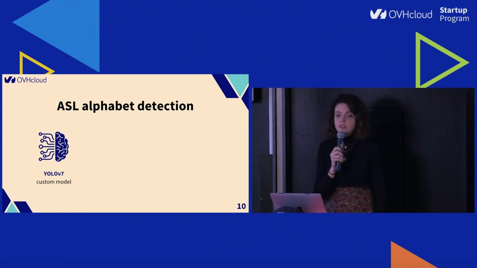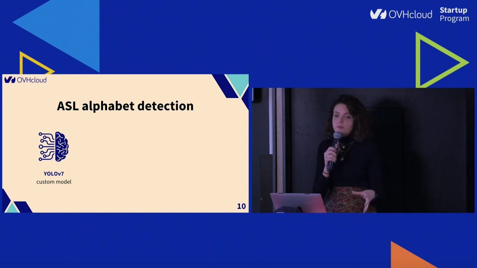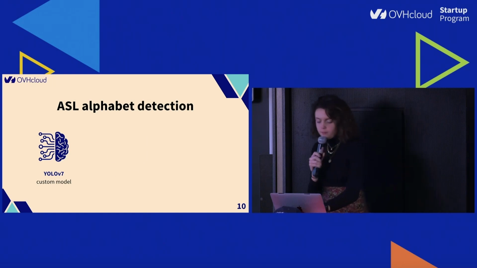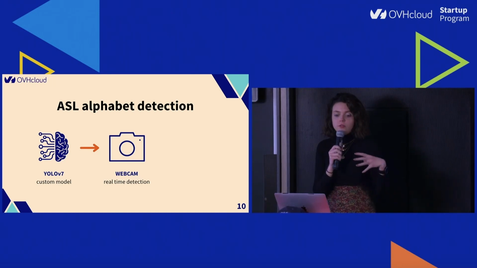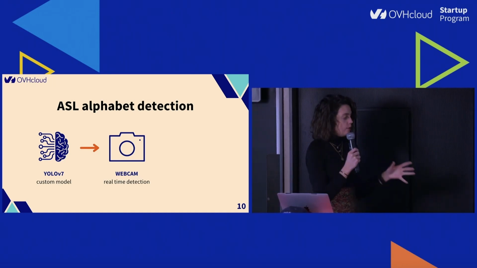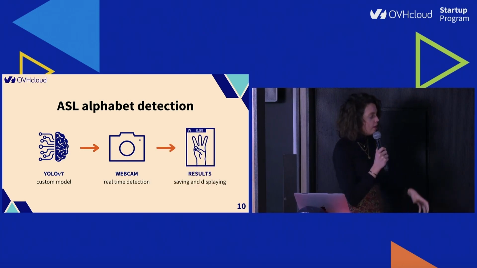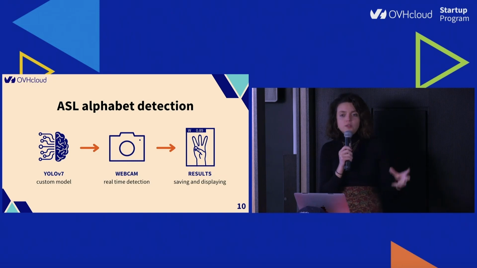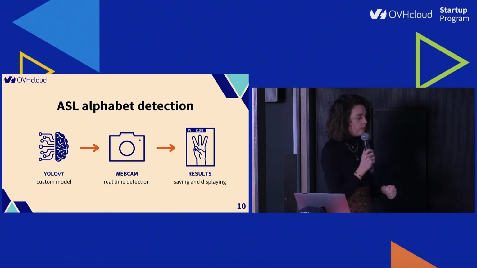In practice, we're going to train a YOLOv7 model, so we will have a custom model with our custom data. We will do some detection with the computer webcam to have real-time detection. And at the end, we will display the results, and we will also save them.